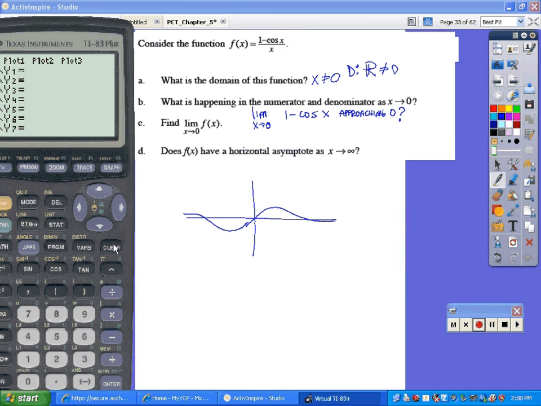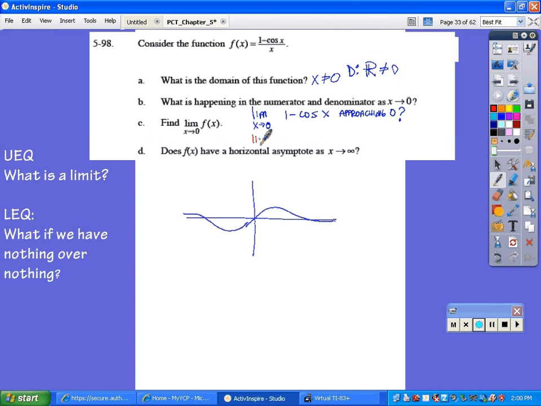Let's take a look at it. 1 minus cosine of x, graph. So I have an upshift of 1, but it's a negative cosine graph. And you'll notice as x approaches 0 in this graph, I'm also approaching 0. What about the denominator? The limit as x goes to 0 of just x. We've already said numerous times that that's approaching 0.